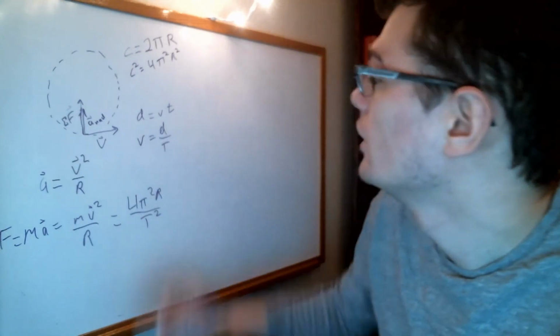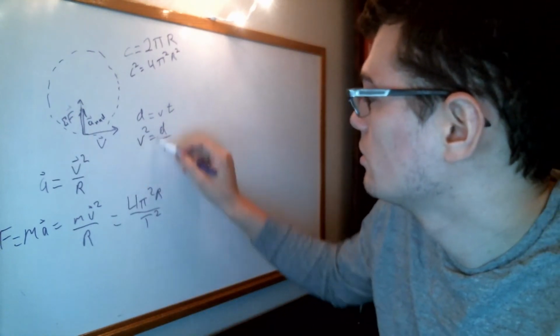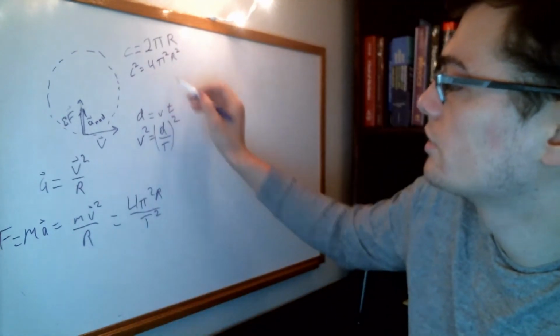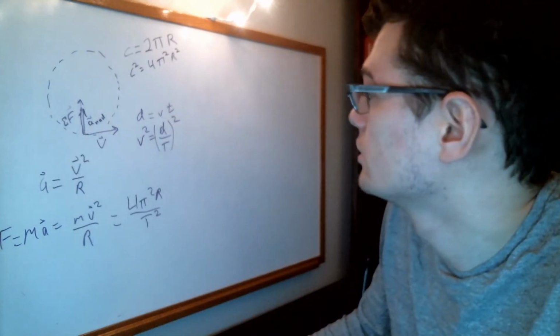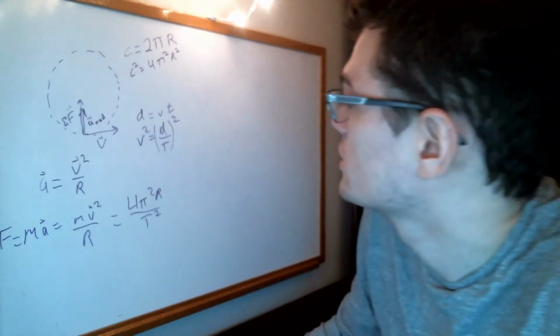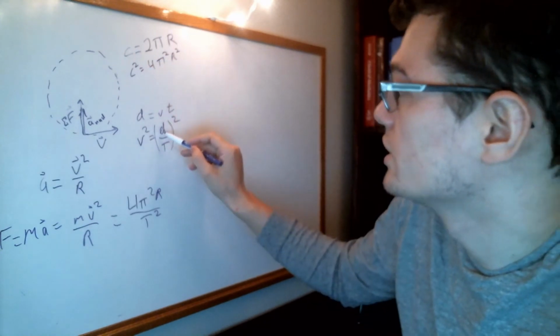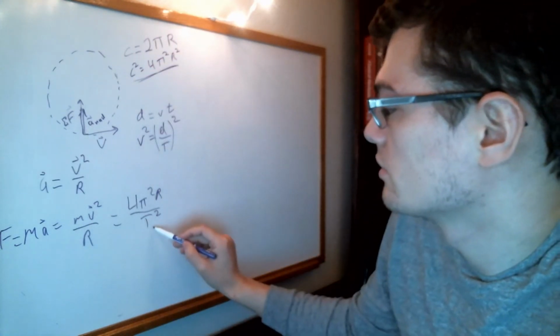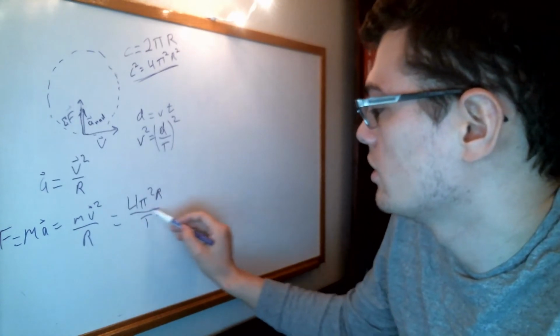And then if we square this, we get that this side is also squared, and that's where this c squared comes from, because c is the distance that this object travels, and so we can plug in c for d, and that's where this extra factor of T squared comes from.